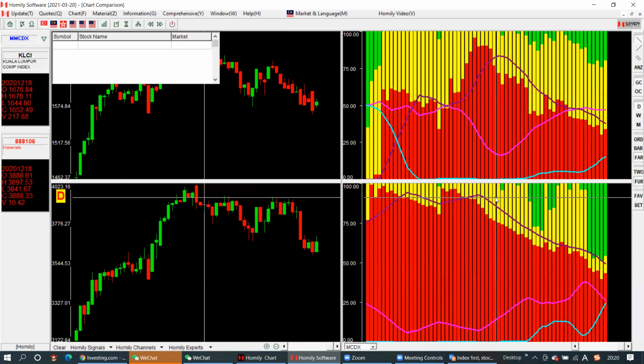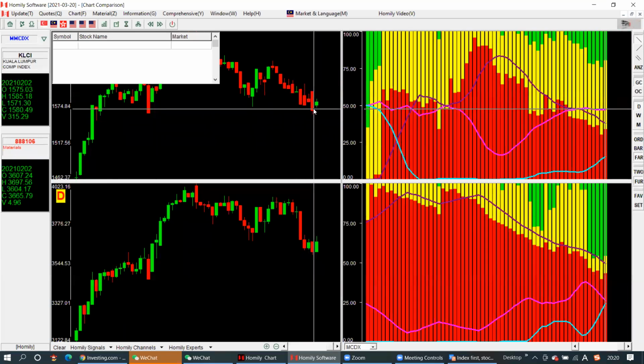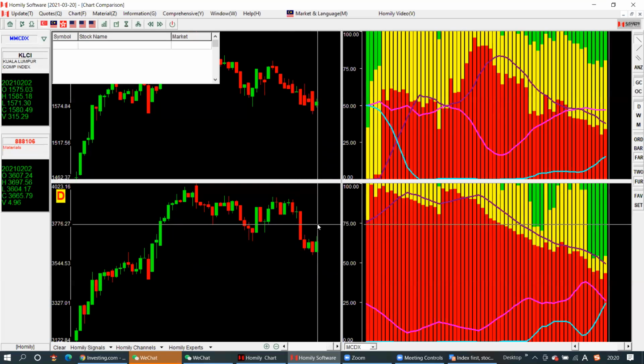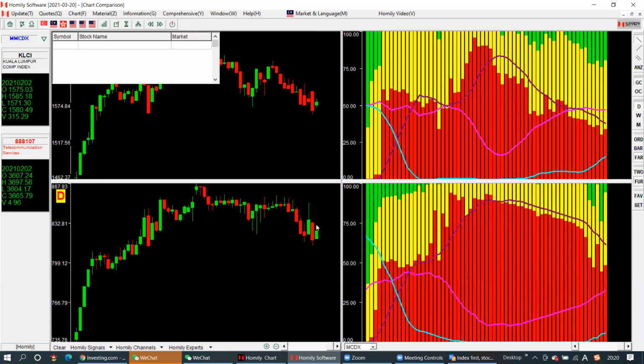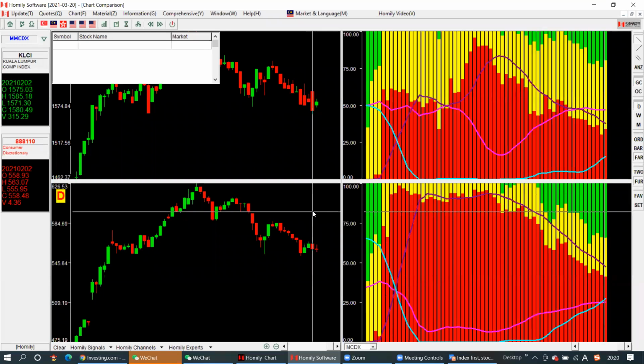So we can compare when our KLCI is increasing, and try to find a share that already broke out and is even stronger compared to the KLCI index. Not so good. Even the financial is also decreasing, so not suggested yet.